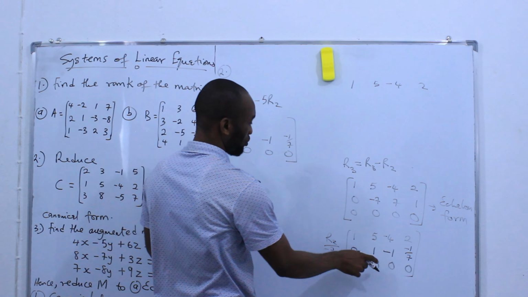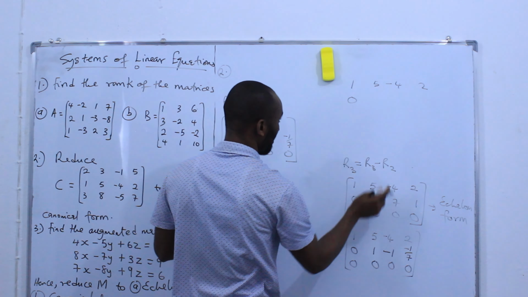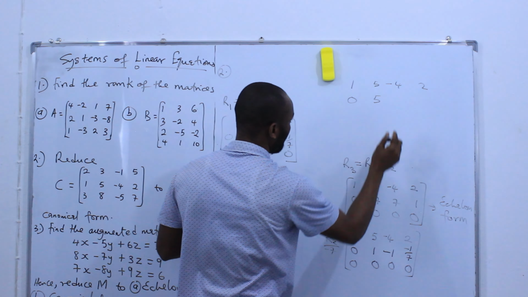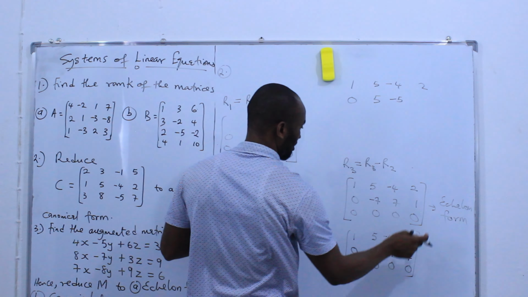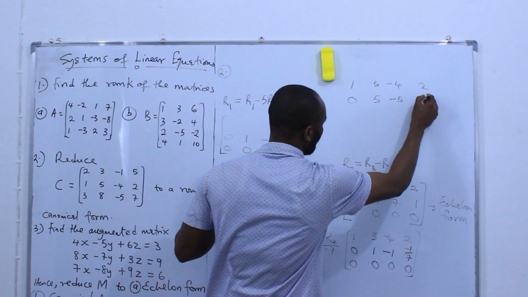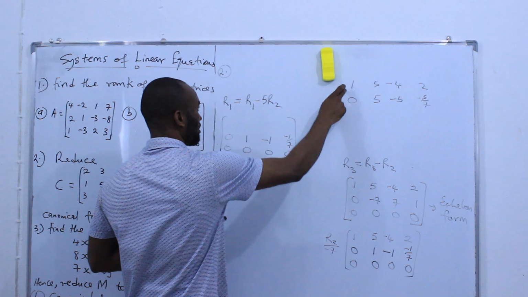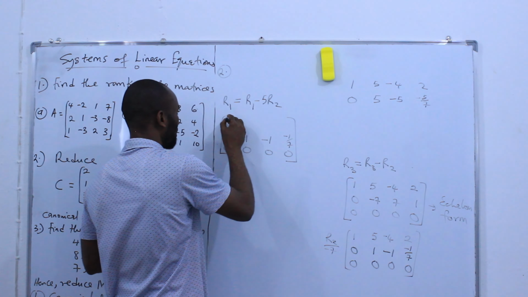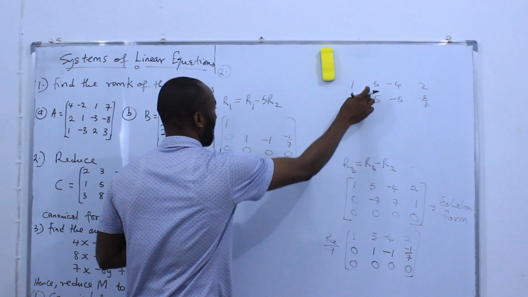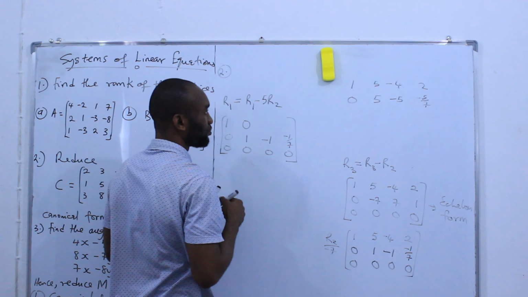Then 5 R2 is 0, 5, minus 5, and minus 5 over 7. Let's subtract. 1 minus 0 is 1. 5 minus 5 is 0.